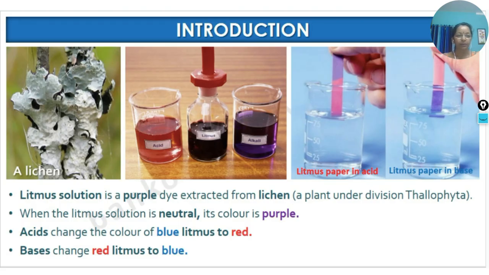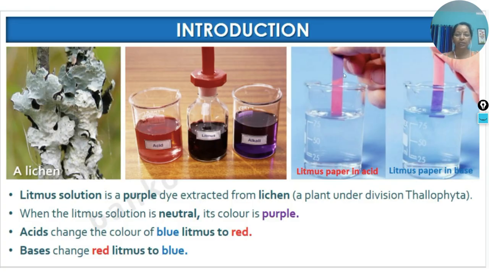This is the plant, the picture is shown here. We have two types of litmus solutions, red and blue. It's a purple dye extracted from lichen, a plant under division Thallophyta. It's available in liquid form as well as in paper form.